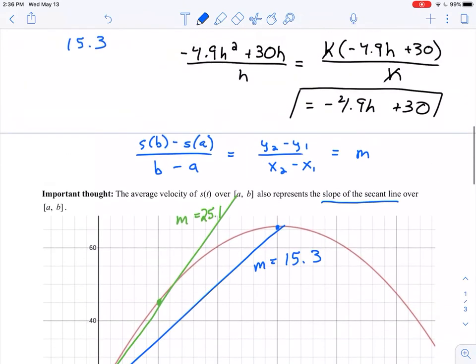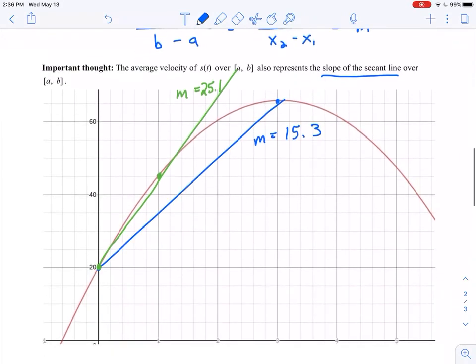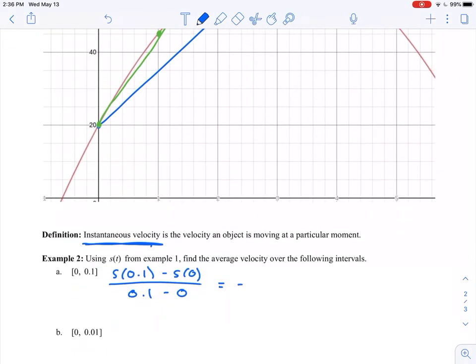In part C, we said negative 4.9 h plus 30. So I'm going to just take 0.1, since that's my h here, and plug that in for h. So negative 4.9 times h, which is 0.1, plus 30. And we can calculate that out. I should end up with 29.51 here.